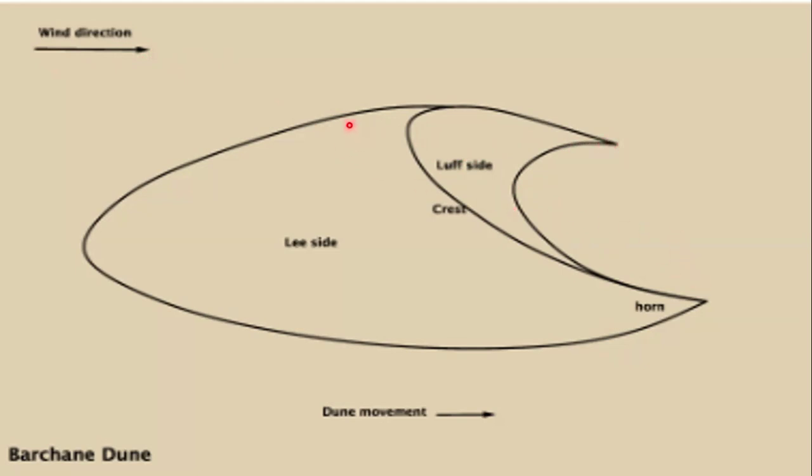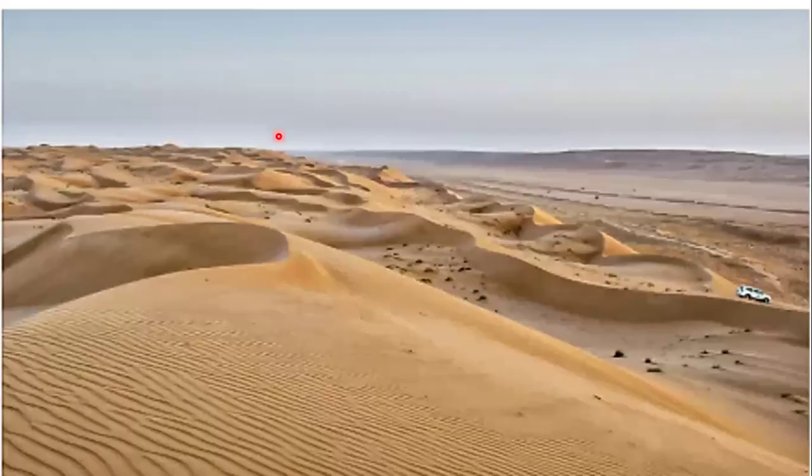This is the windward side, it is gentle, and this is the leeward side, it is steep and concave. This is the slip-off side. Barchans are formed in groups like the other sand dunes. Barchans too are migratory dunes.